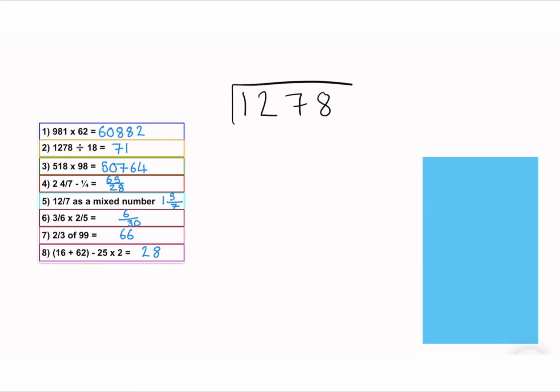Question 2 is 1,278 divided by 18. This is a long division, so I need to use a what I know box because I don't know my 18 times table off the top of my head, so I can use this to help me. So I know 1 times 18 is 18. I know that 10 times 18 is 180. I know that half of 180, so 5 times, is 90.